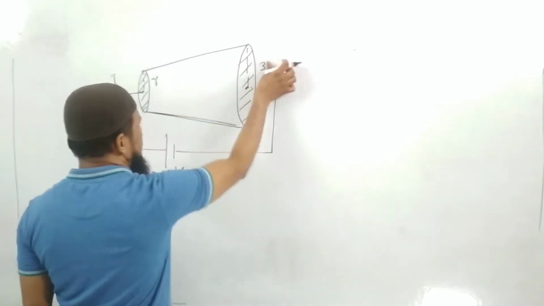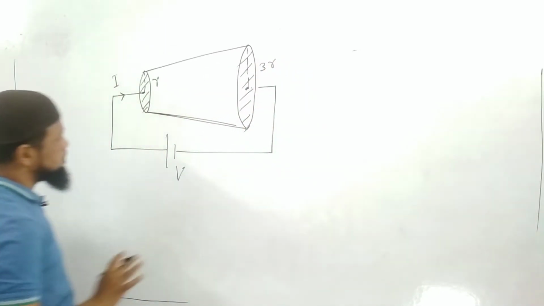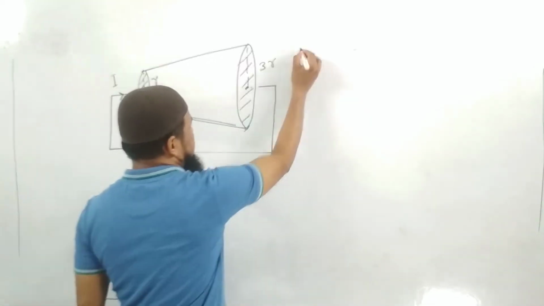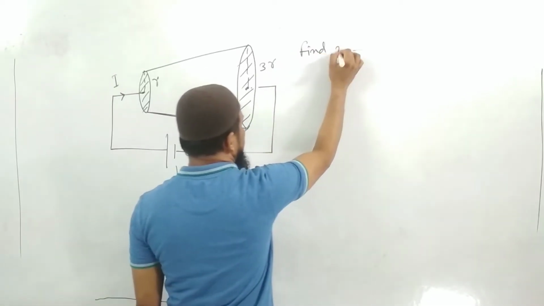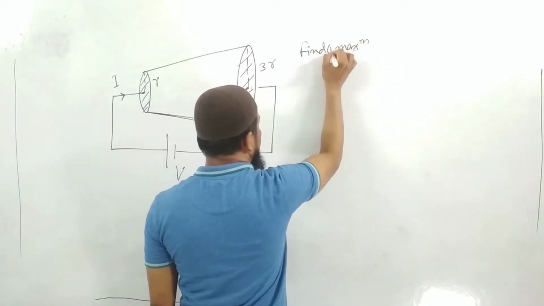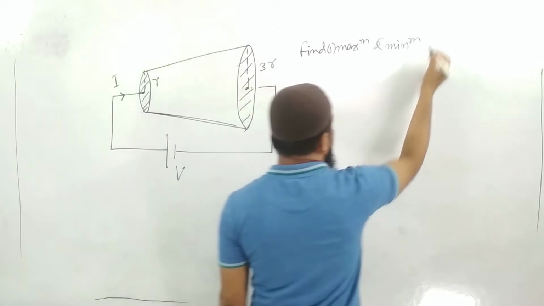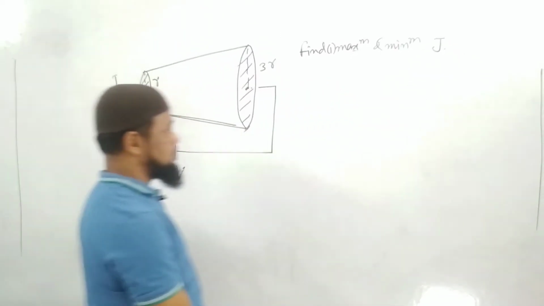Small r, thrice r. So here you have to find, number 1, maximum and minimum current density.